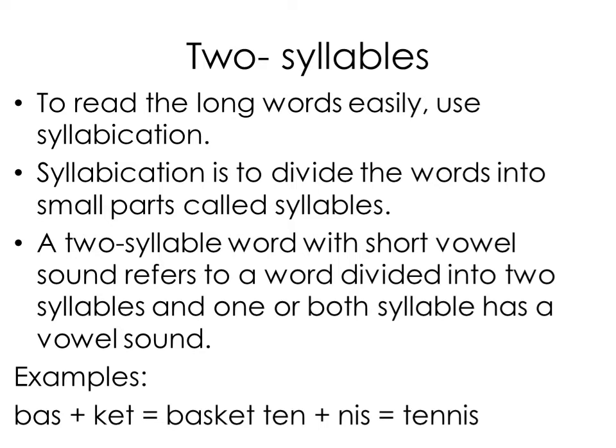And another example was basket. So when we hear the word basket, it is divided into 2 syllables, bas and ket. The next one is tennis. So it is an example of 2-syllable words because they contain 2 syllables, tennis, just like that.